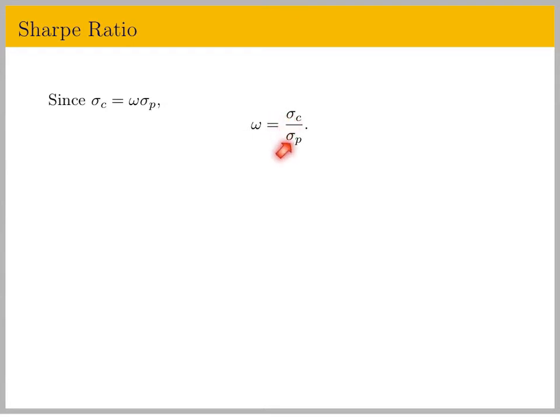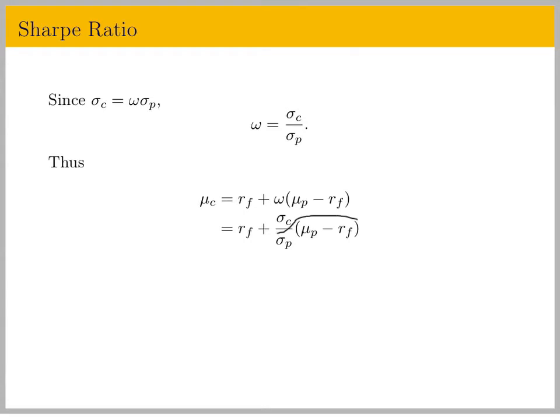That is, omega is equal to sigma C over sigma P. Then we can take that relationship of mean returns that we derived on the previous slide, and substitute for omega right here. That is, the mean of portfolio C is equal to the risk-free rate plus the ratio of volatilities multiplied by the risk premium.